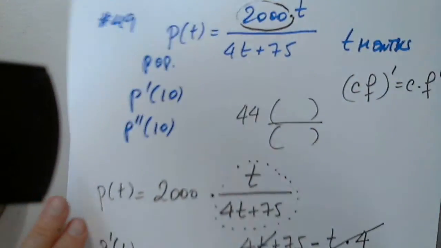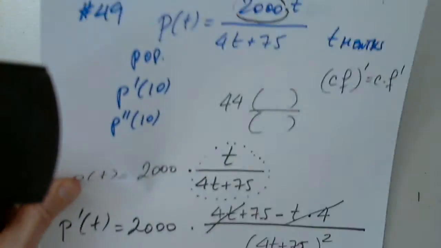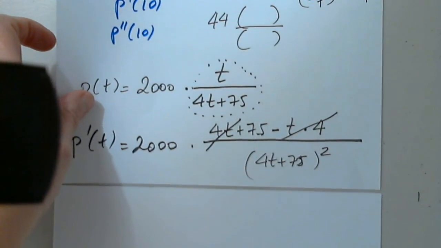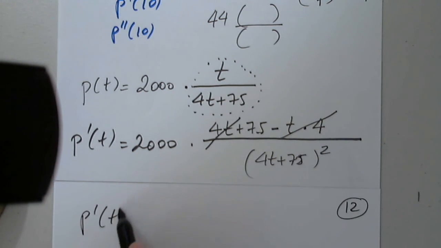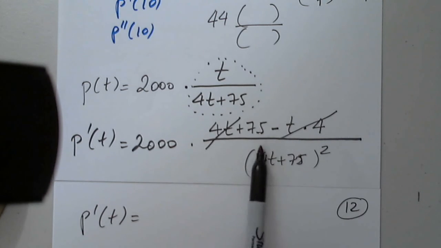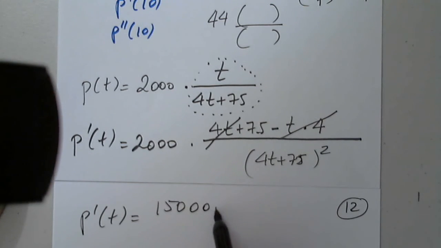So the answer, for the rate of change, P prime of t equals 75 times 2000. 2 times 75 is 150 and 3 more zeros. And over 4t plus 75 squared.